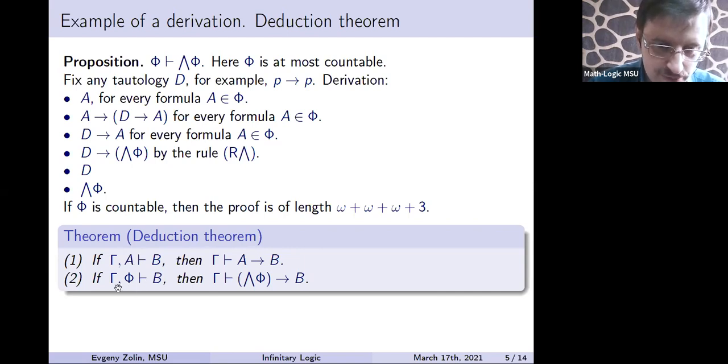The form 2 makes the same trick, but with a countable set of hypotheses. We can move a countable set of hypotheses phi into the implication by taking the infinite conjunction. And in fact, this statement 2 is not much harder than 1. It simply follows trivially from 1.